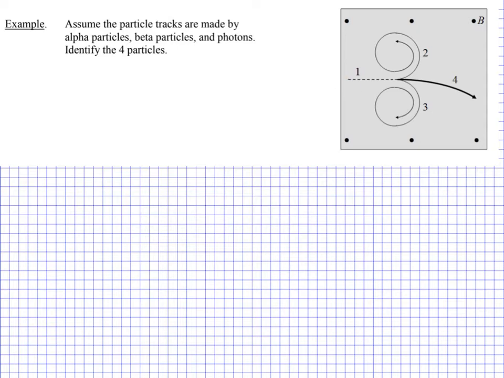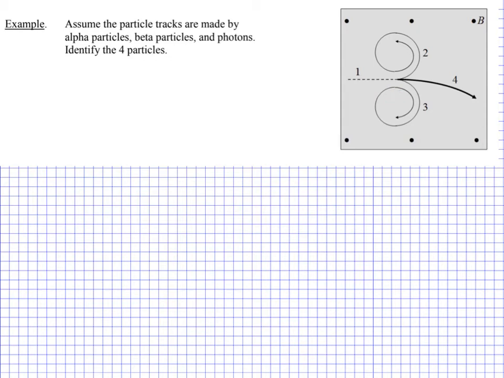This number 1 is a dashed line, which represents a track that's not visible, but would not be observed in the cloud chamber. And then we have 2, which is a spiral, where the radius is getting smaller, and the direction is counterclockwise. 3 is exactly the same spiral, just going in the opposite direction, clockwise.